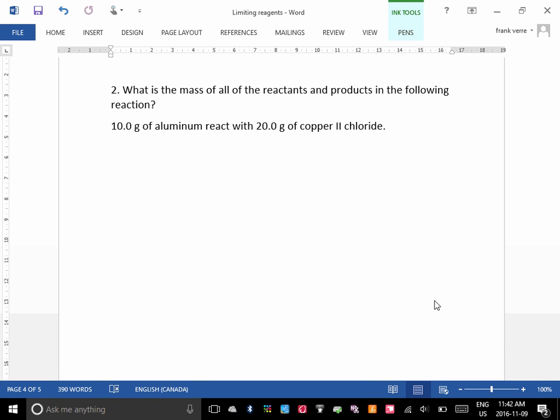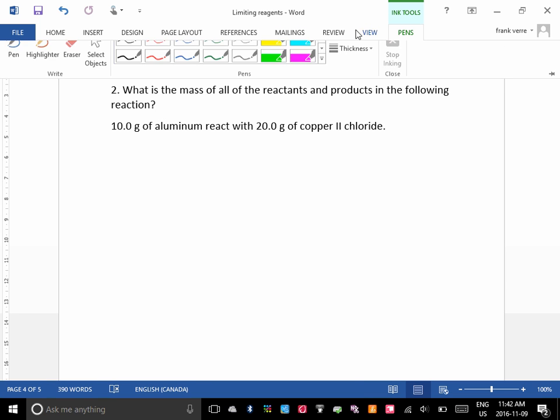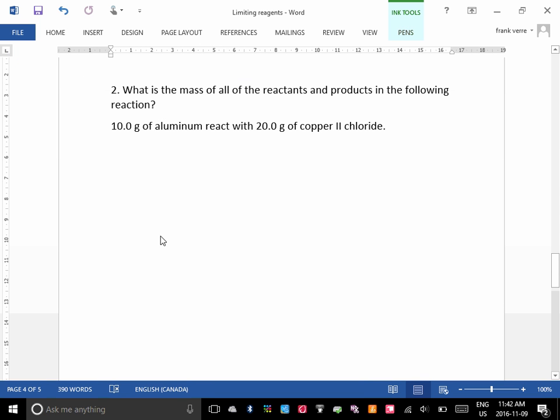So in this case here, we have 10 grams of aluminum and 20 grams of copper 2 chloride. So 20, just so you're paying attention. What's the reaction? So it's what? Al plus CuCl2, and that's going to be AlCl3 plus Cu.